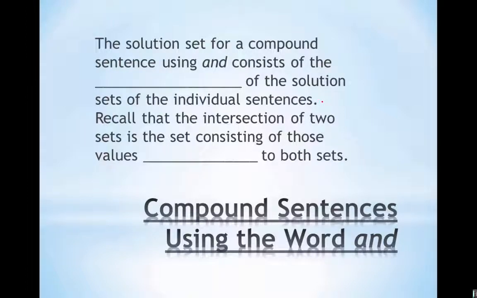The solution set for a compound sentence using and consists of the intersection of the solution set of the individual sentences. Recall that the intersection of two sets is a set consisting of those values common to both sets.